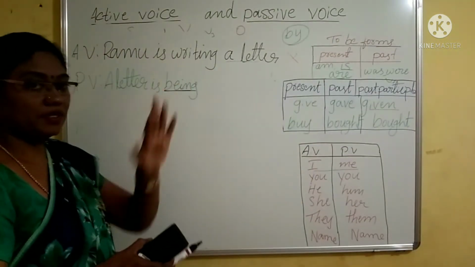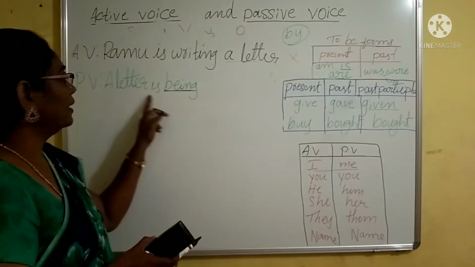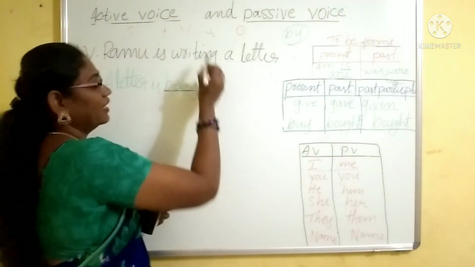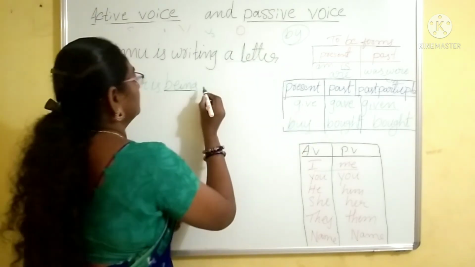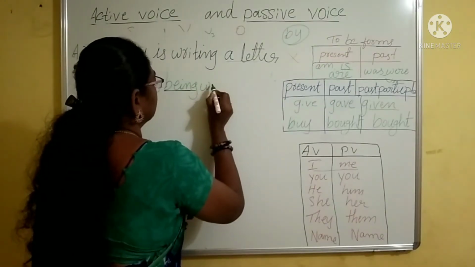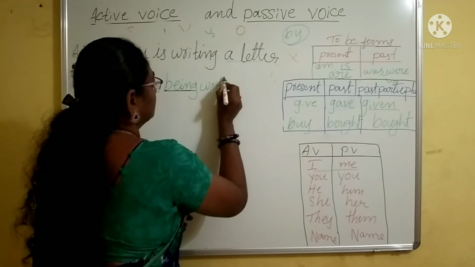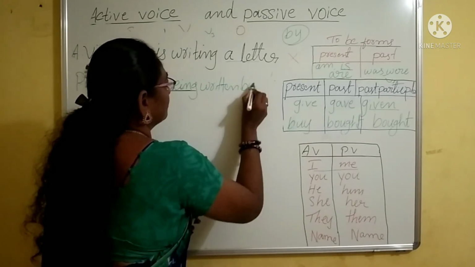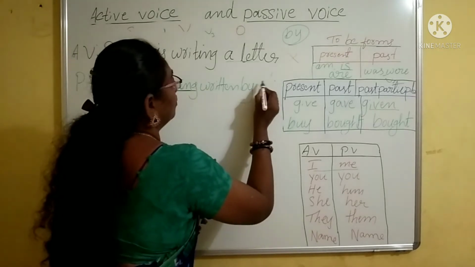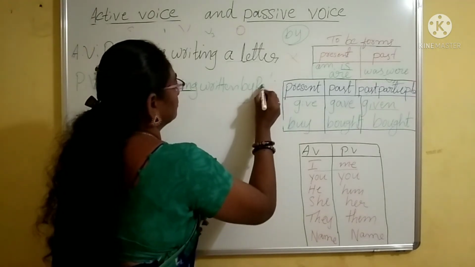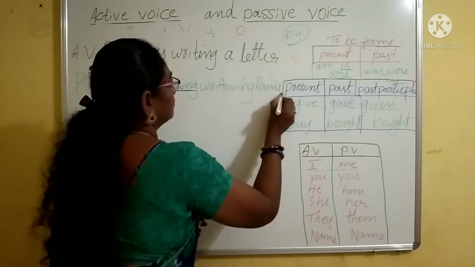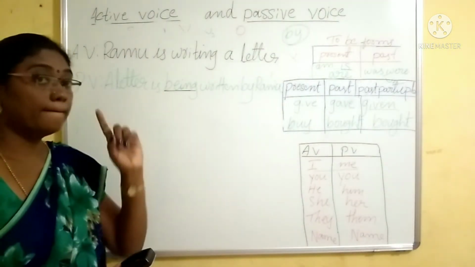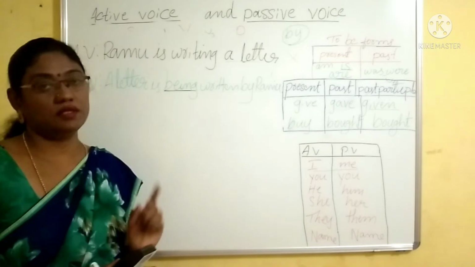So here, as per the steps, a letter is being written. Writing will become written, by Ram. This is present continuous tense.